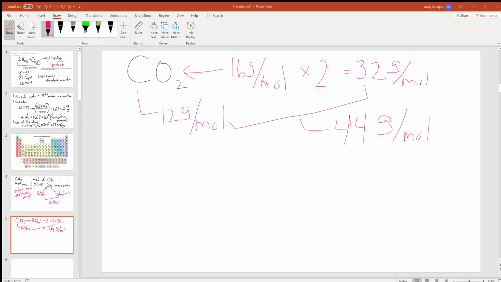And we could do this for any compound, regardless of how simple or complicated the chemical formula is. So let's do a more complicated one.